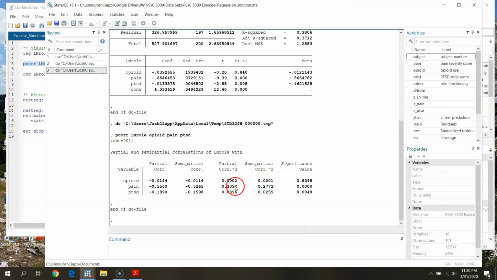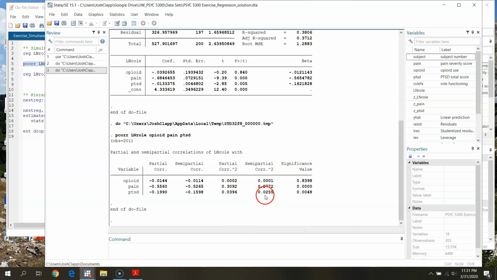So with our squared partial correlation, we're talking about the residual variance attributable to a predictor. Here we're talking about, of all the variability in the natural log of role functioning, pain uniquely accounts for close to 28% of the total variability in our outcome once we control for opiate use and PTSD.